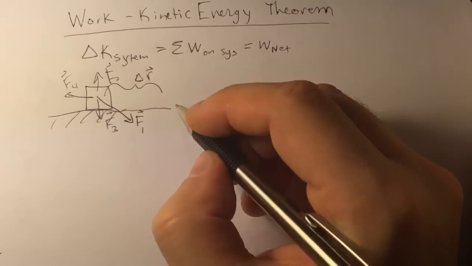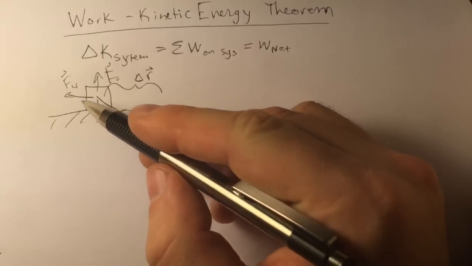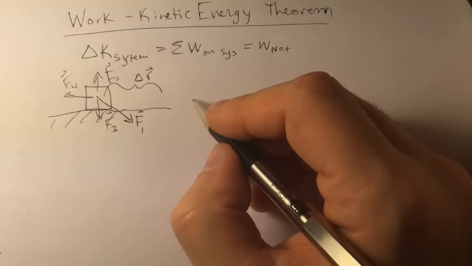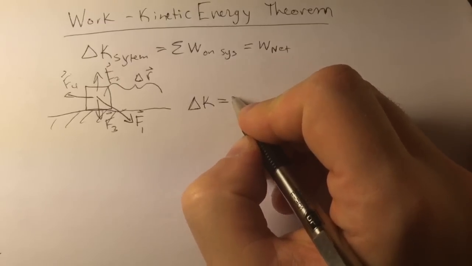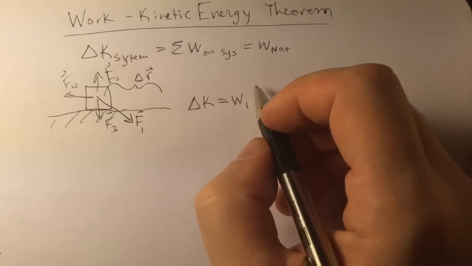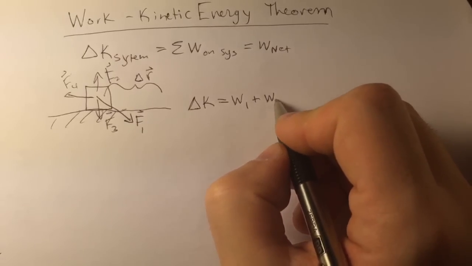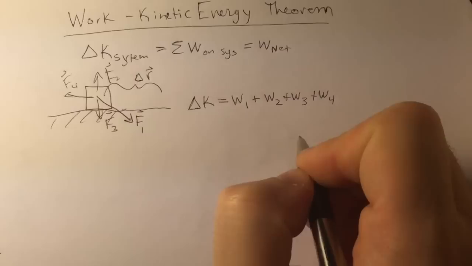After it goes some distance, after all these forces act on it, mostly from your pushing and then the resistance of the friction, what you'll have is that the change in kinetic energy is equal to the work done by the one force, which is the pushing, plus the work done by the third force, plus the work done by the fourth force.